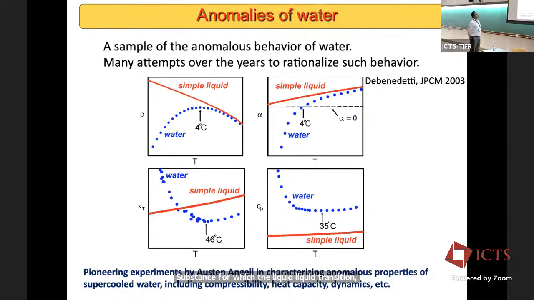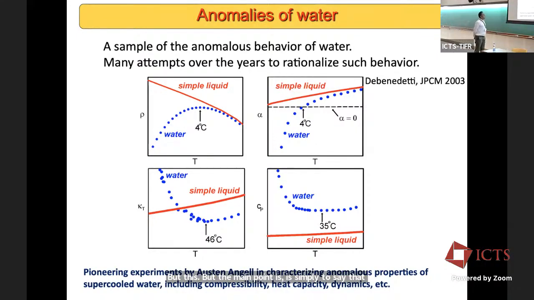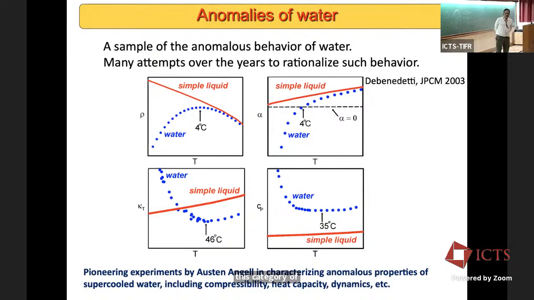There are many, many anomalies to talk about, but the main point is that, starting with the density maximum in water, the compressibility minimum, and the heat capacity minimum, which all occur at ambient conditions, there are a number of ways in which the liquids in this category of tetrahedrally coordinated substances are anomalous.